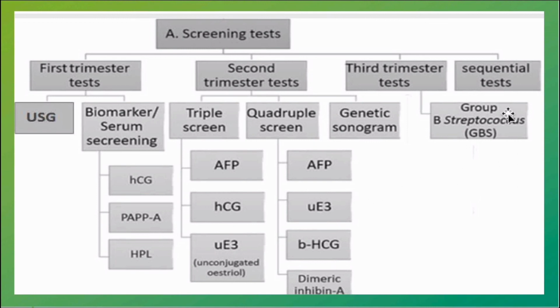Aside from that, you just do a group B strep test as well, and then of course there are the genetic tests and the ultrasounds as well. So along with the blood test, you end up getting an ultrasound done as well, and now you compare both. What does the ultrasound look like, and what does this blood test say?